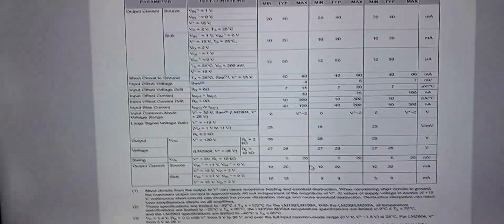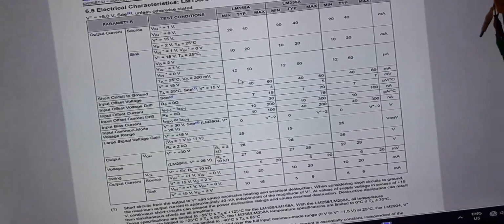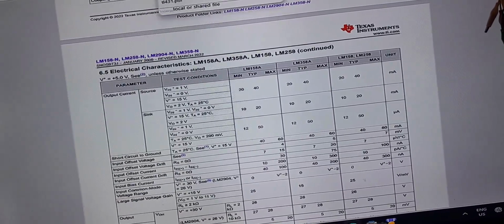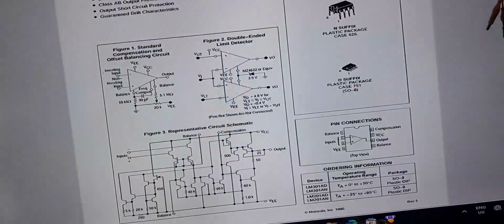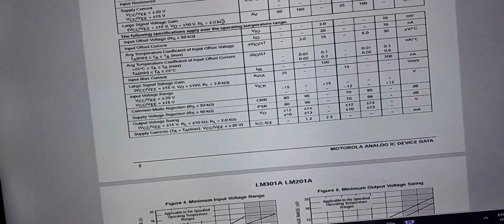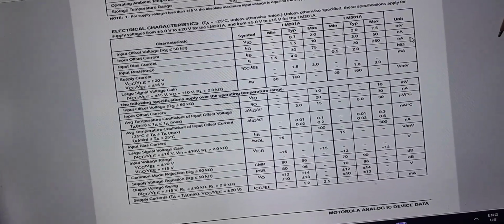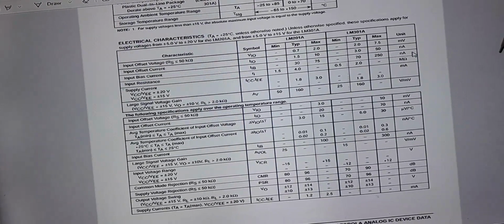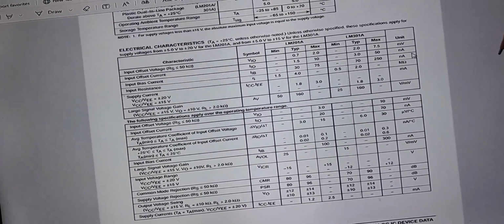I'll do some research on that just to make sure I'm not reading that wrong. But the input bias currents in the nanoamp region, I think more microamp. Where's the LM301? One sec. Oh. Okay. Interesting.